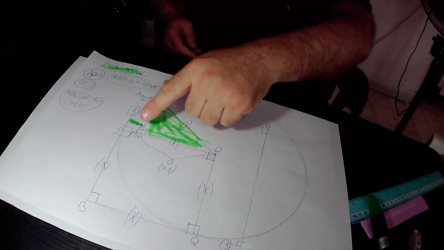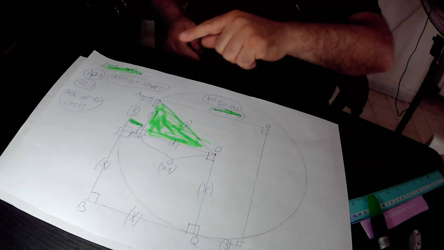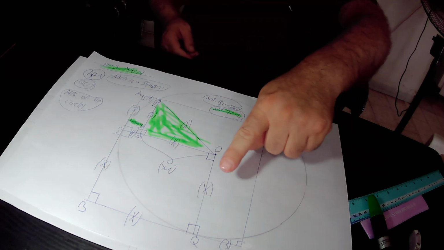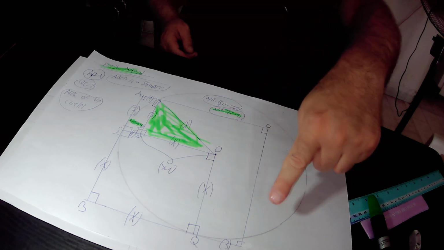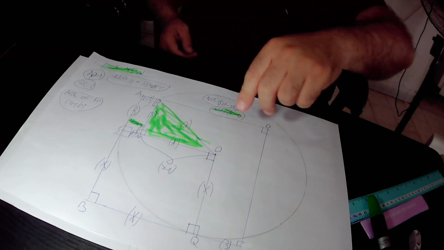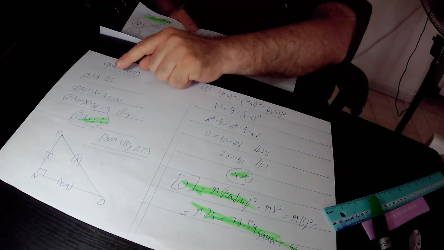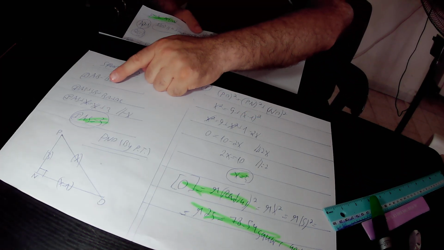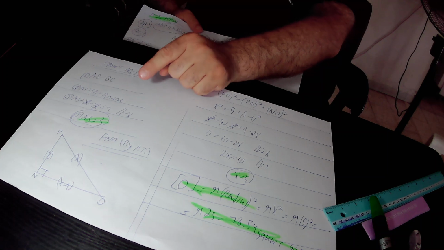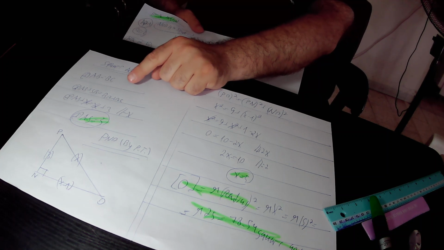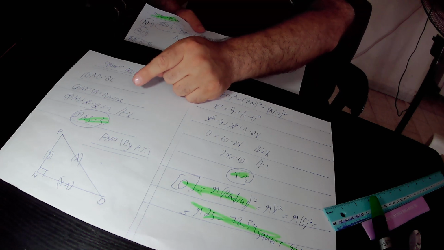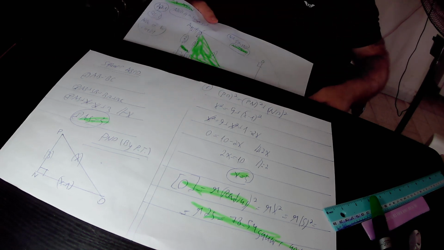AB equals AS plus SB, and it is equal to BC. BC equals BQ plus QC. So in total we find that AB is AS plus SB and BC is BQ plus QC. So according to equation 1, we found that AS plus SB equals BQ plus QC.